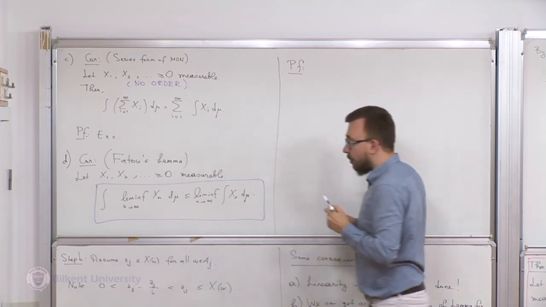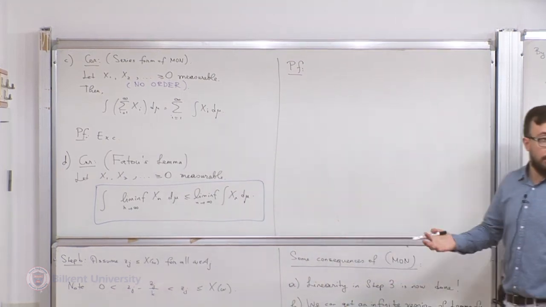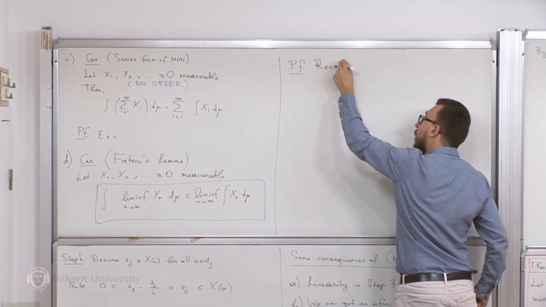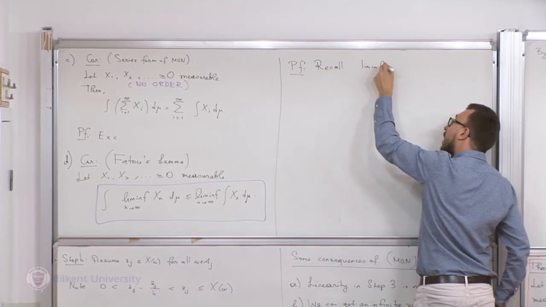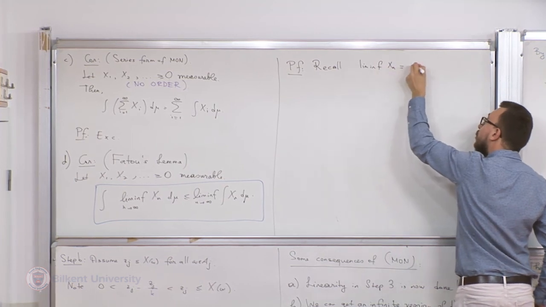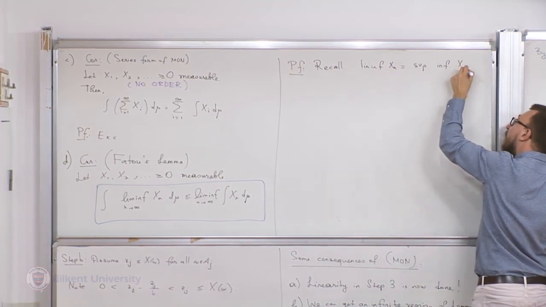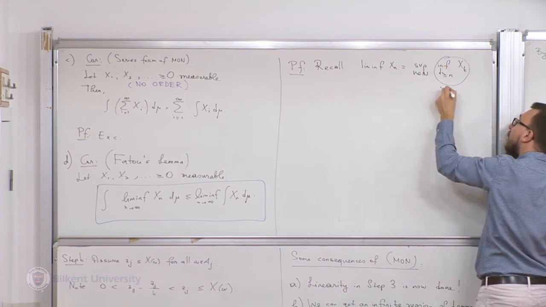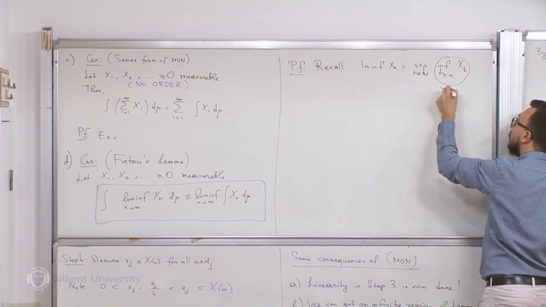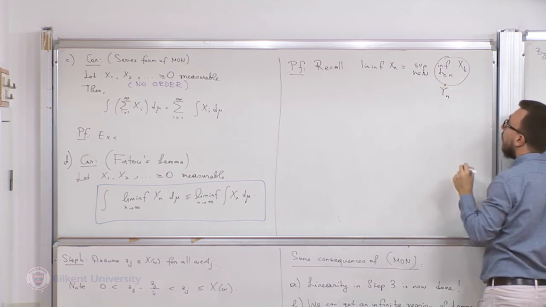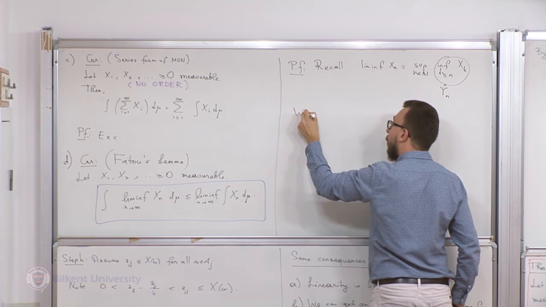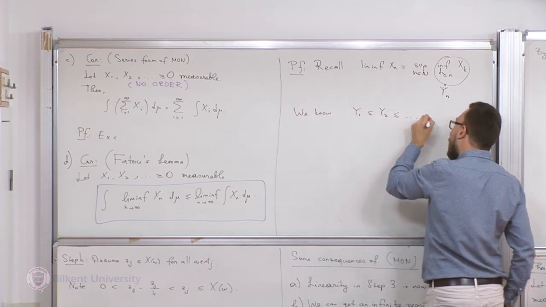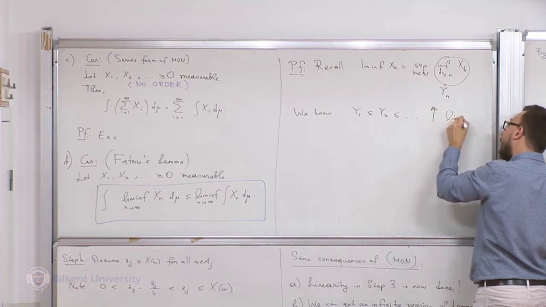Again, the idea is to use what? Monotone convergence theorem. So recall lim inf is nothing but the sup of infs of xk's, k greater than n, in n. So just call it yn. Now, we know y1, y2, etc. is increasing, and the limit is the lim inf.